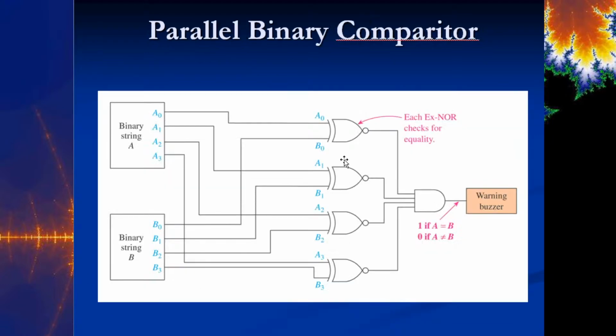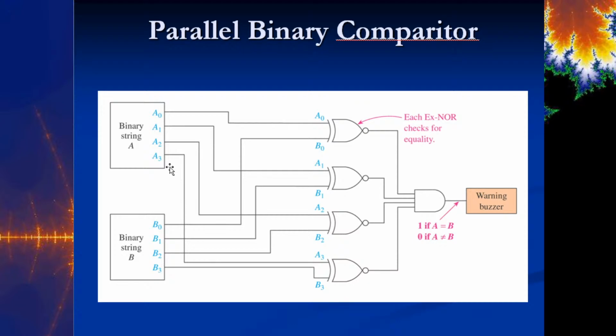So the comparator just takes the exclusive NOR gates, remember that's the equality gate, it checks A0 versus B0. And this one checks A1 versus B1. And this one checks A2 versus B2. Okay? So as long as all of those equal each other, you AND them all together and determine if they are the same or not.